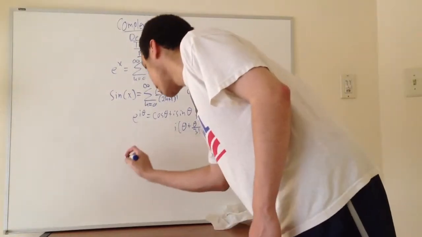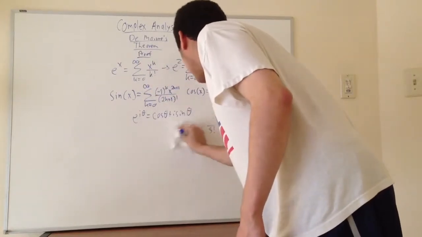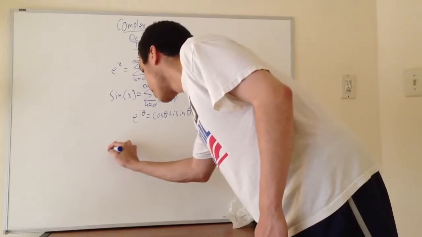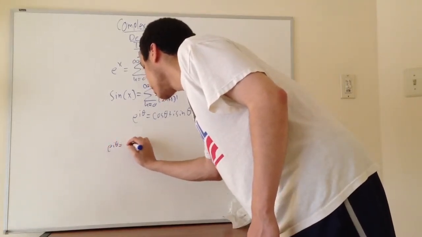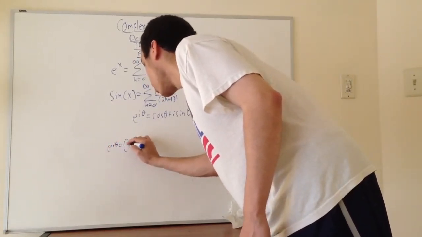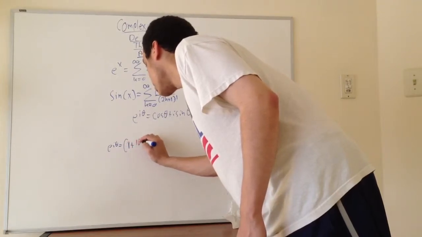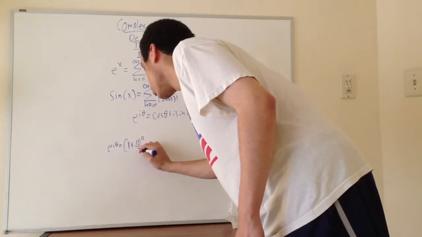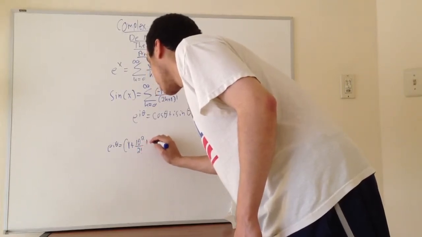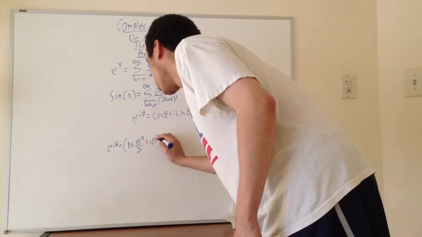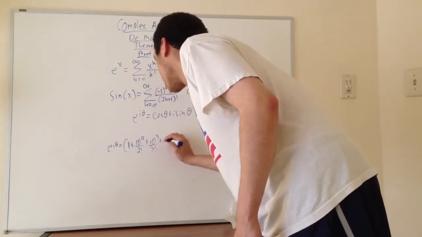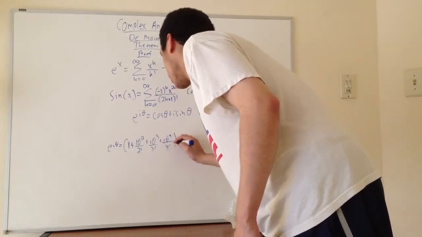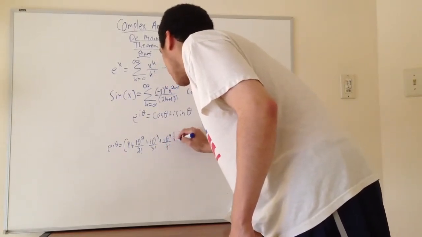So for e to the i theta, we're going to have 1 plus i theta squared over 2 factorial plus i theta cubed over 3 factorial plus i theta to the 4th over 4 factorial, and so on and so forth.